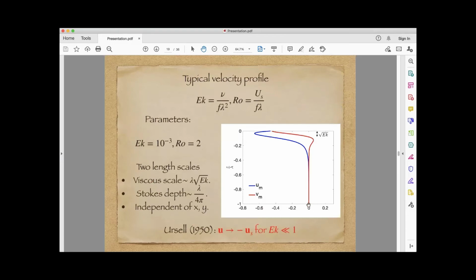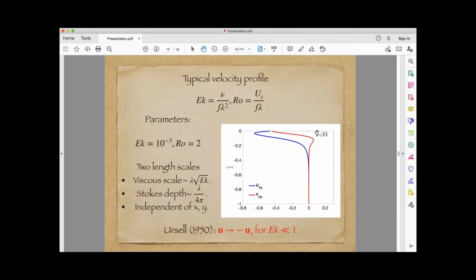Just to trace the typical velocity profile, I show a typical profile as a function of depth, normalized with the wavelength lambda. As you can see, you have a boundary layer of the order of root Ekman, which is the Ekman layer associated with the Ekman spiral. And you have another typical length scale, lambda over 4 pi, which is the Stokes depth.